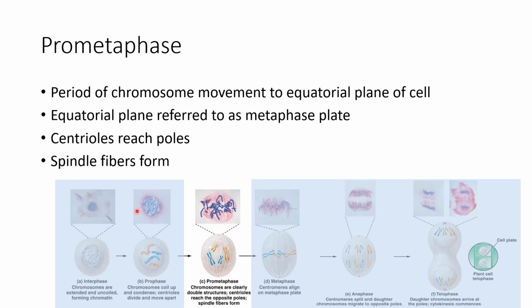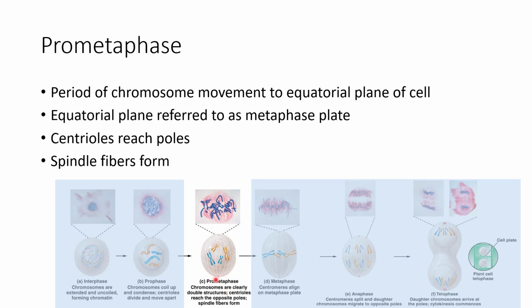So our next stage is prometaphase. In prometaphase, what defines this stage is that the nuclear envelope is gone. So we no longer see the nuclear envelope at all. Additionally, our sister chromatids have combined at the centromere, and so we have our chromosomes moving in pairs towards the middle.